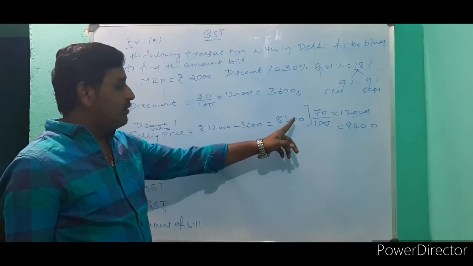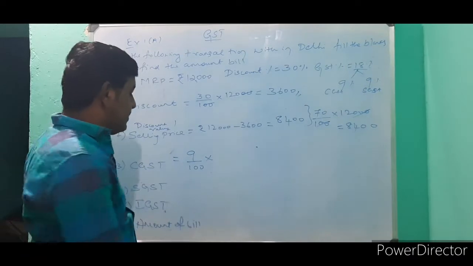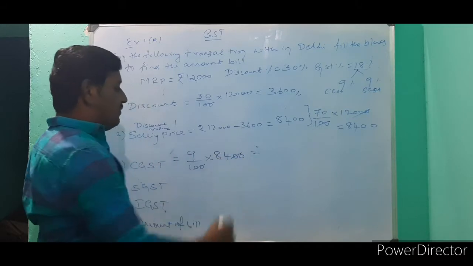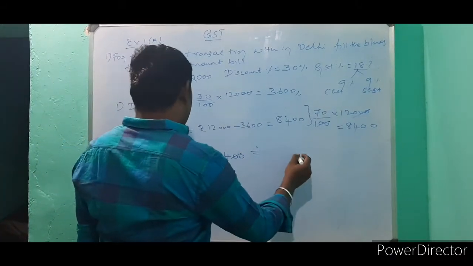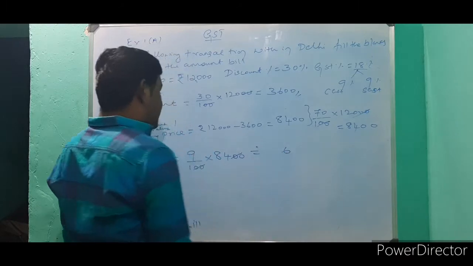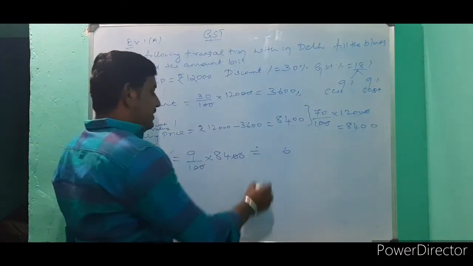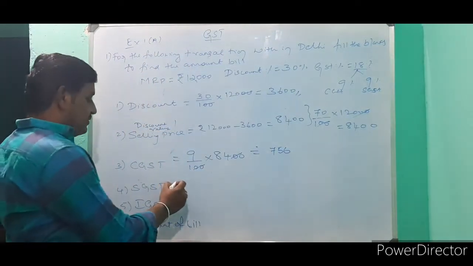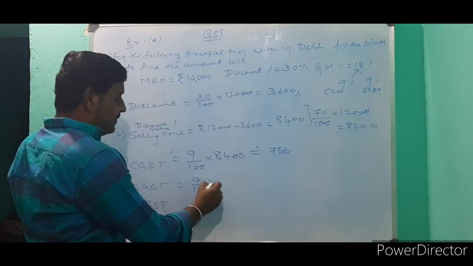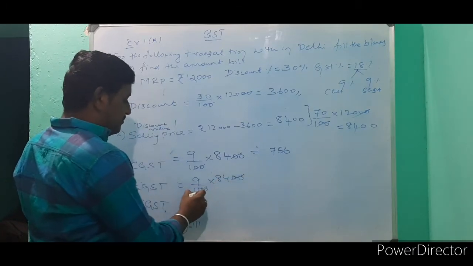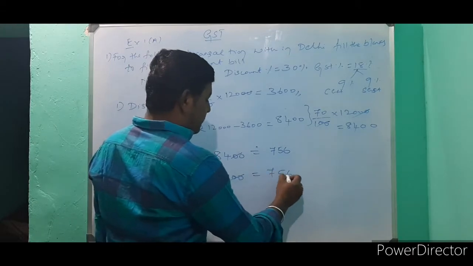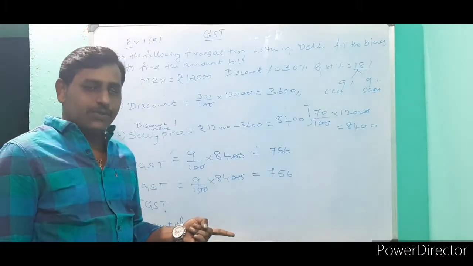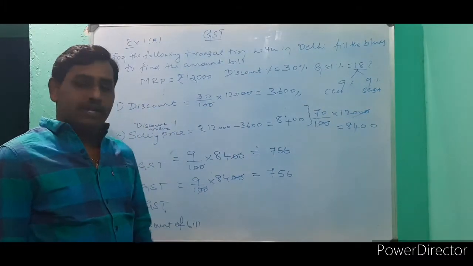We calculate GST on this selling price, 8,400. 9 fours are 36, 9 eights are 72 plus 3 is 75, so 756. SGST is also the same, 756, because both are equally divided. One share goes to the central government, another goes to the state government.